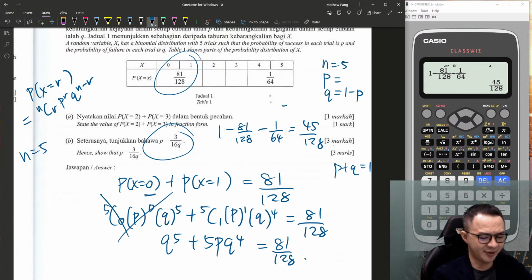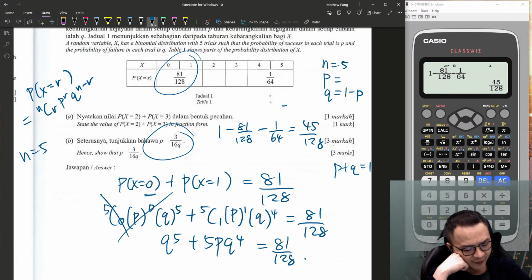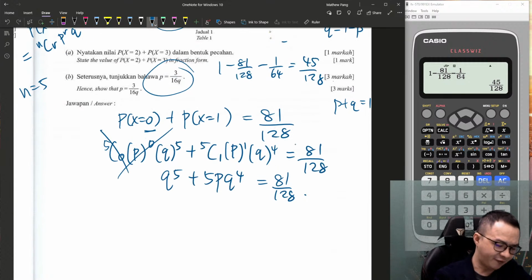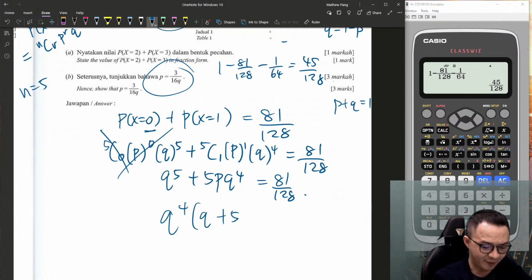But here seems like maybe this number they just simply give 1, is it? 5c0 is 1, p power of 0 is 1, q power of 5, and then 5c1 is 5, pq power of 4. Even if I factorize out q power of 4, I get q plus 5p.